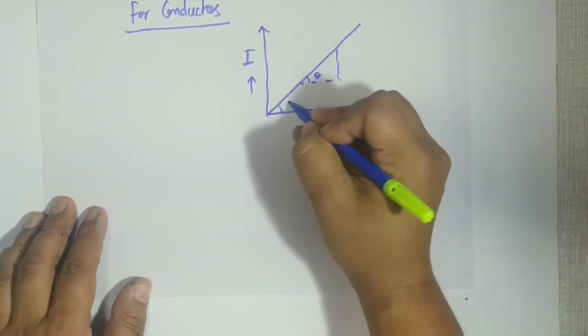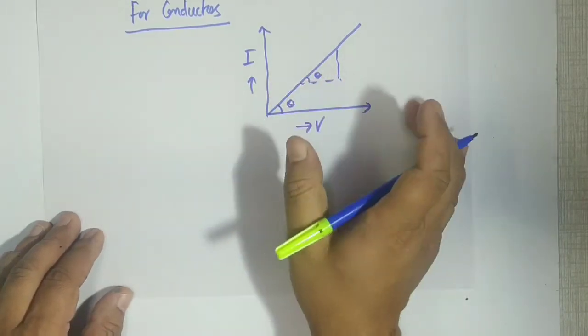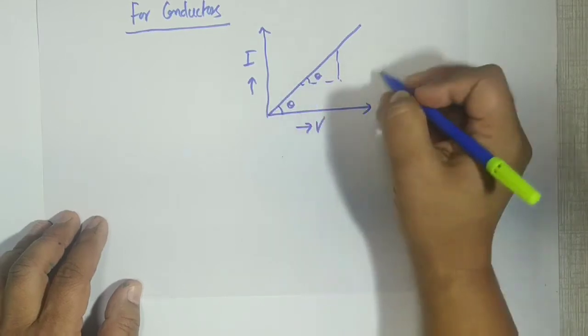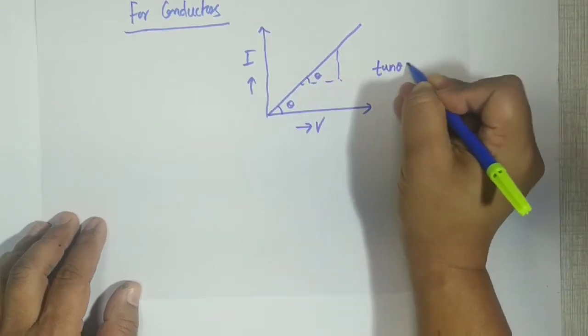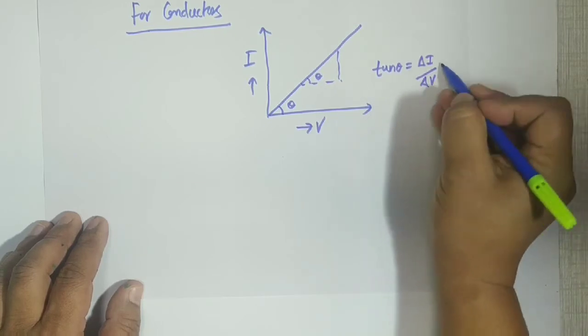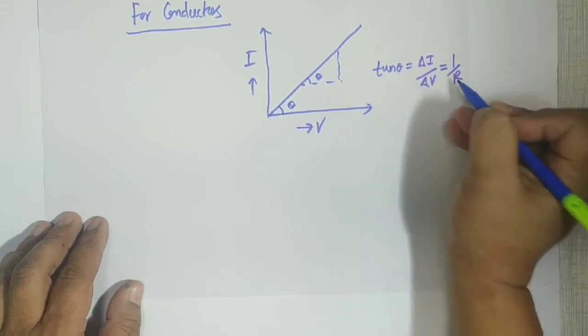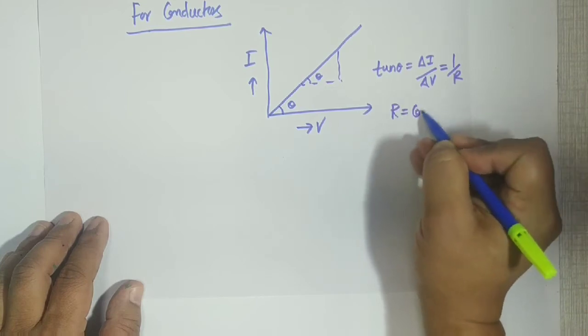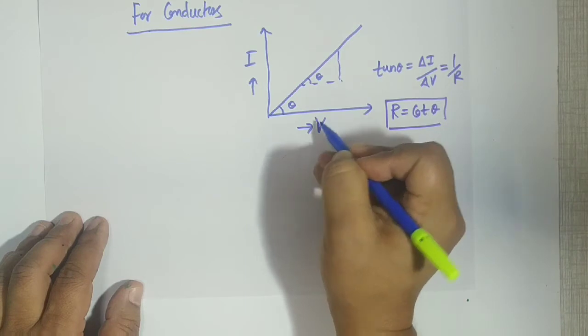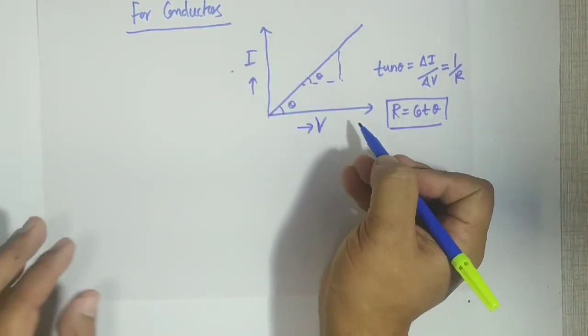We know they are proportional to one another, and the slope also represents it. tan theta will certainly be delta I by delta V, which is 1 upon R. So R can be written as cot theta also. In 10th, voltage was on this side and current was on this side, so no problem.